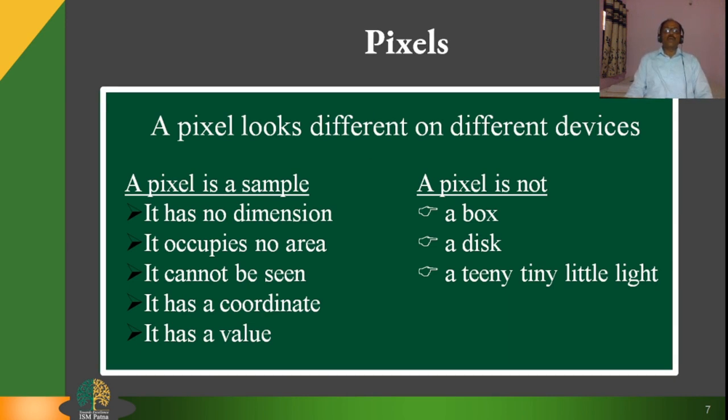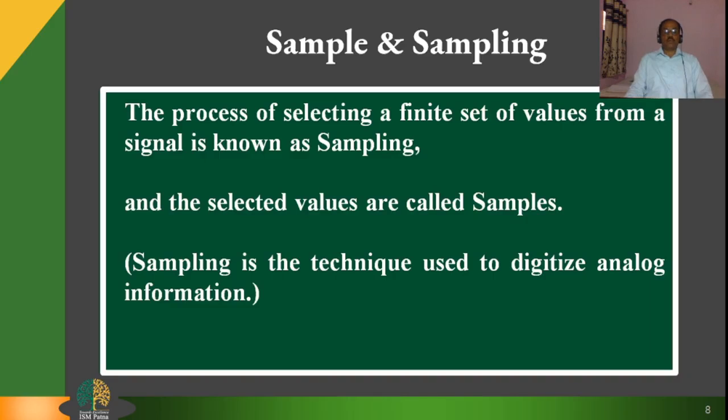Now, we extract samples from signals. Taking samples from signals is a very important part of computer graphics, I mean picture analysis or synthesis. A signal is a function that conveys information.